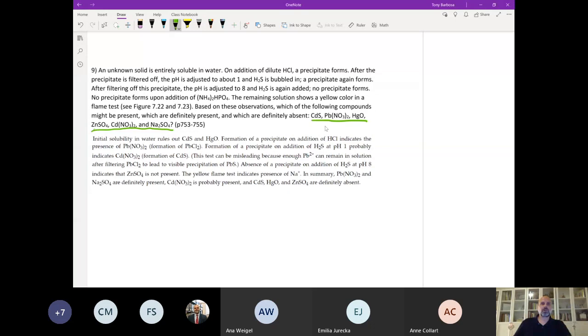You have this unknown solid, and in the first part you add dilute HCl, and a precipitate forms after you filter. They're trying to figure out which one of these compounds is completely soluble in water, right?